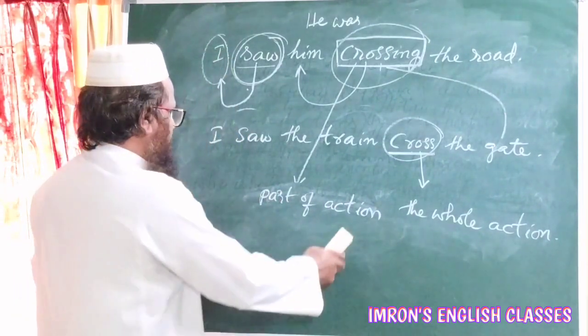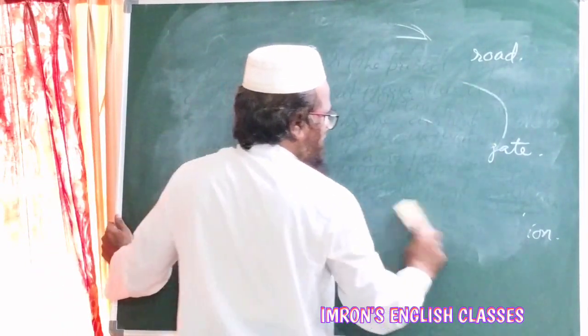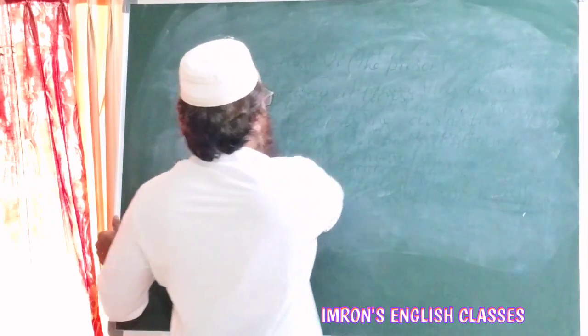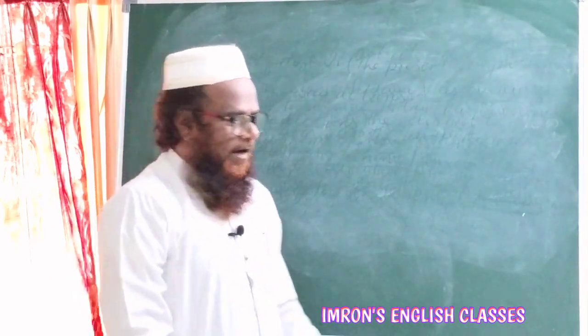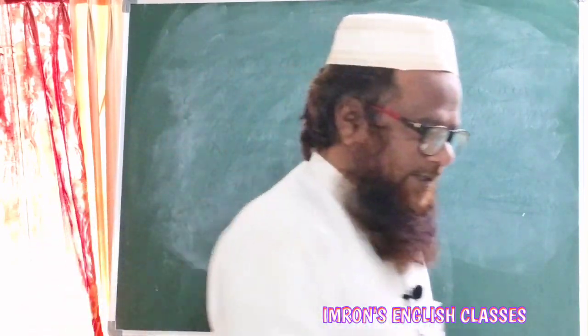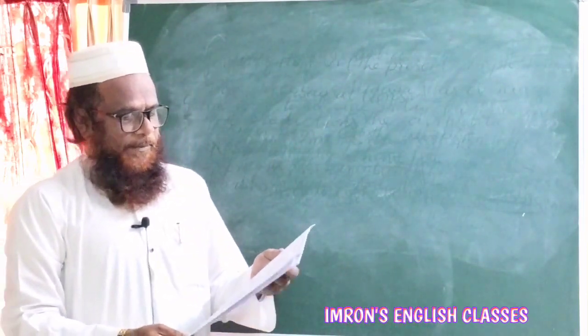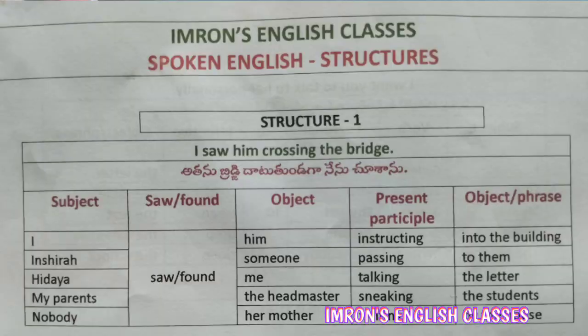Here in this case, I made a substitution table. You can draw as many sentences as possible out of this table. Just one minute, I will show you the table. See, here is the table.